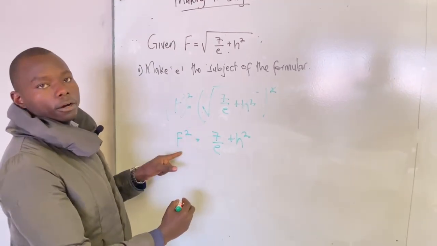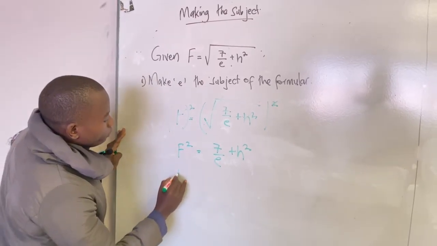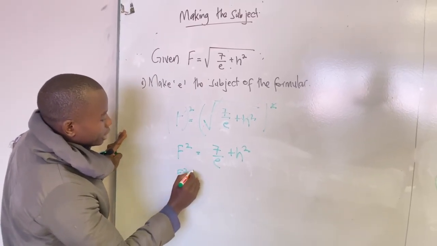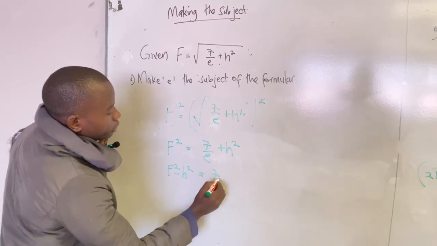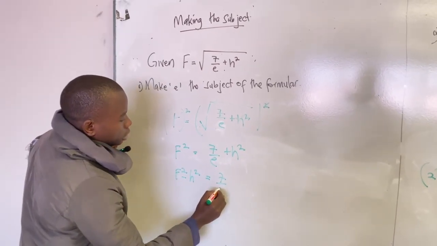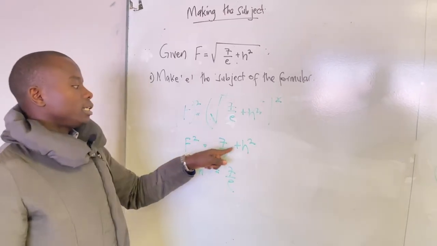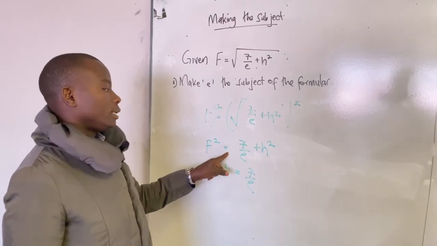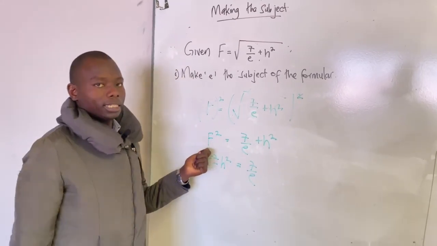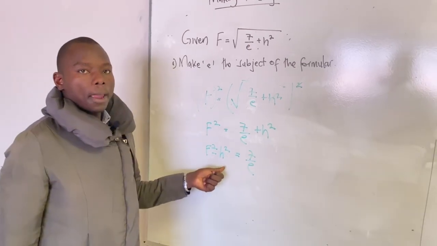So we are going to have f squared minus h squared will equal to 7 over e. The reason why I've subtracted here is that it was a positive, and wherever a positive is crossing the equal sign, it becomes a negative. And if we had a negative, then it would be changed to a positive.